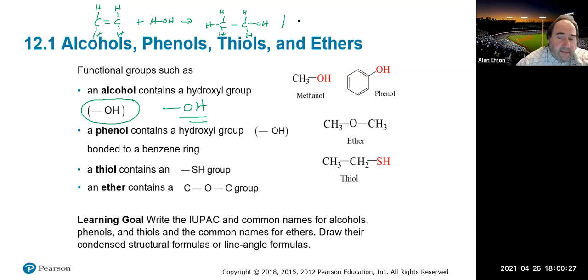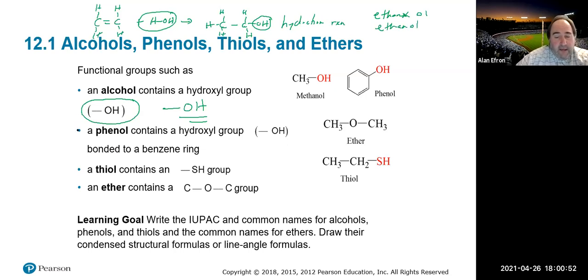This is what is sometimes referred to as a hydration reaction, basically adding water, which is called hydration. This becomes an alcohol, and as we'll talk about in just a second, that's 2 carbons, which is based off of ethane. Since it's an alcohol, we drop the last part and put OL, and this becomes ethanol. So again, named very similarly.